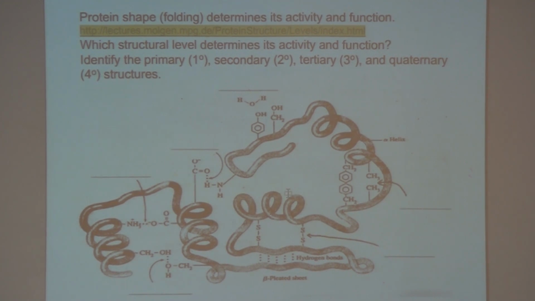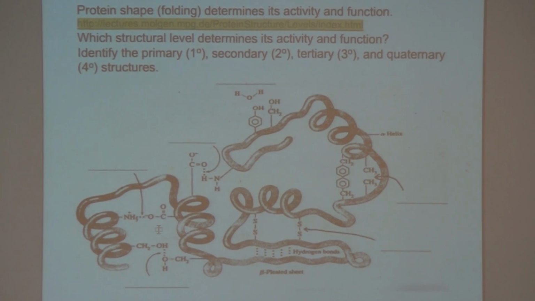These heavy metals tend to be large ions, so the large ions can disrupt, for example, the hydrogen bonding or maybe the salt bridges in those proteins, and that's going to change the folding of that protein.